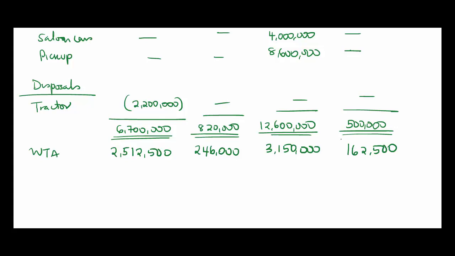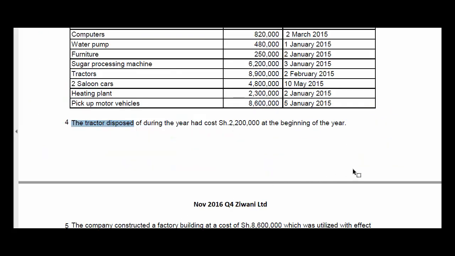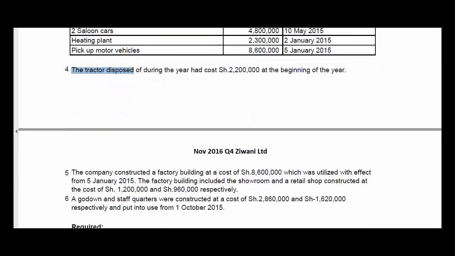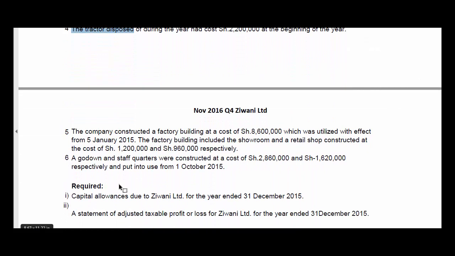So the totals, when I add all of these, with that we have calculated all the capital allowances due to Ziwani Limited.